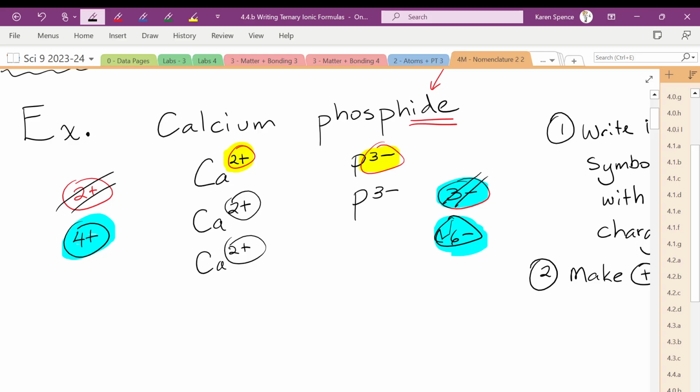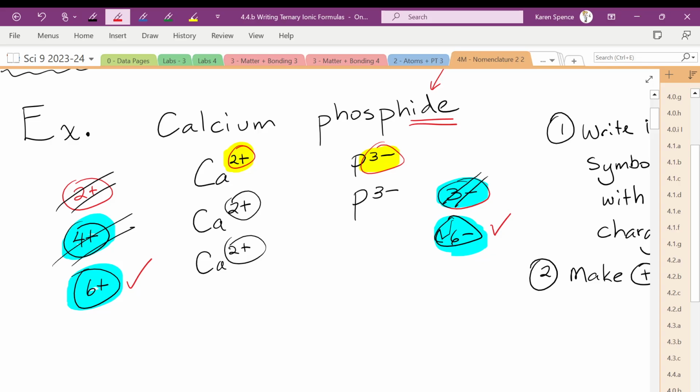The total positive charge is now no longer 4 plus, it's 2 plus 2 plus 2 is 6 plus. And now my total positive is equal to my total negative.